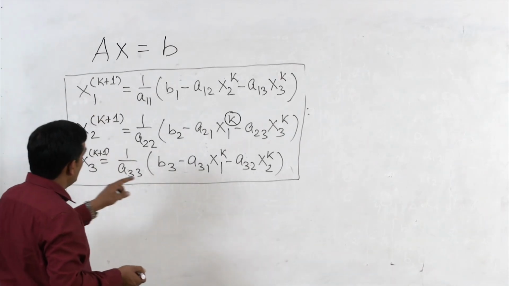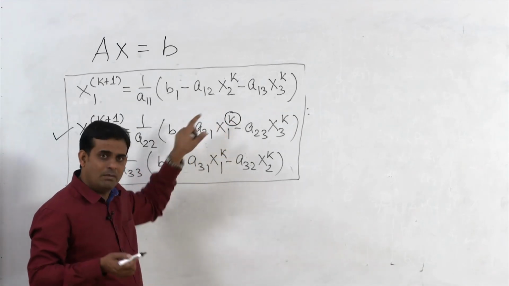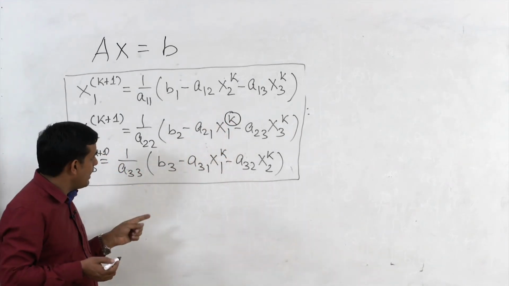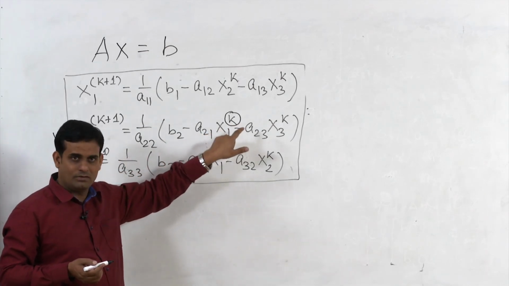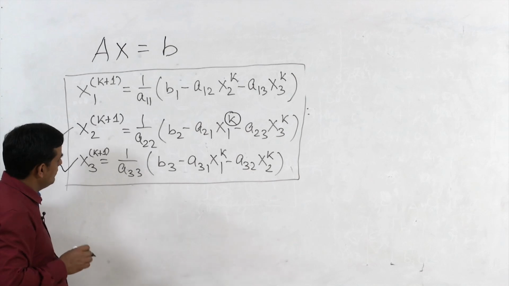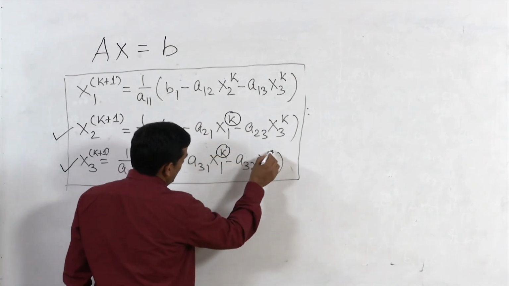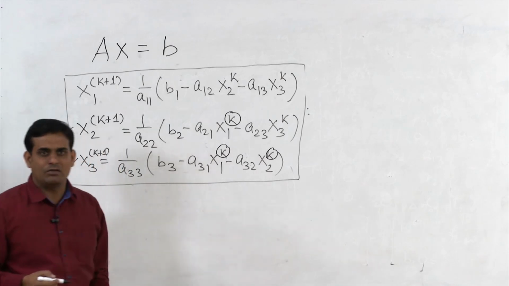So, here the value of x1 from the current iteration is available to me, but I am using the old value.